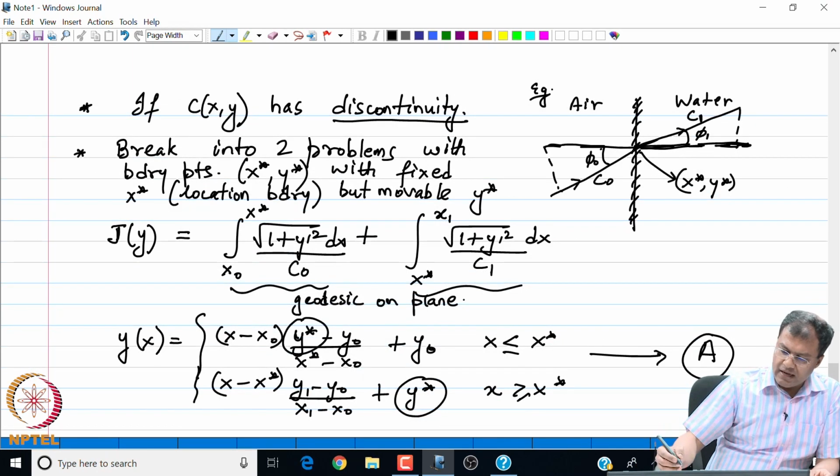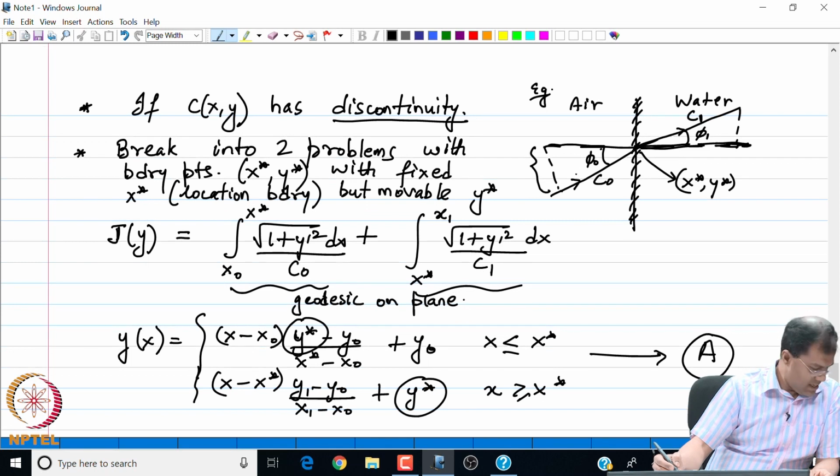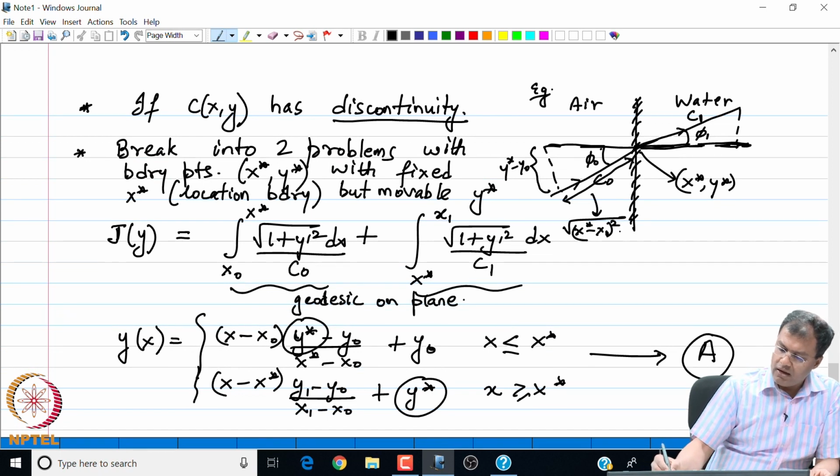Notice that this particular quantity is y star minus y 0, and this particular quantity, the length of the path travelled by the light, is the square root of (x star minus x 0) square plus (y star minus y 0) square.